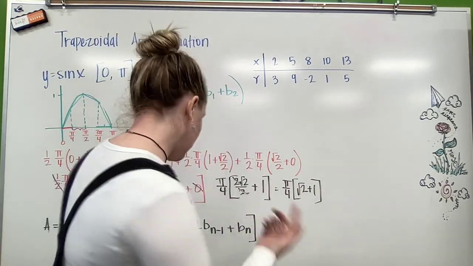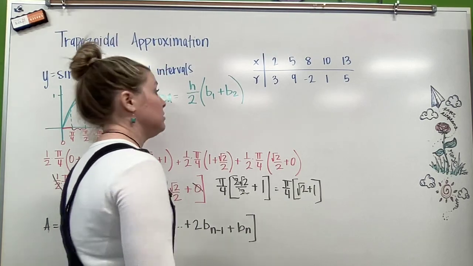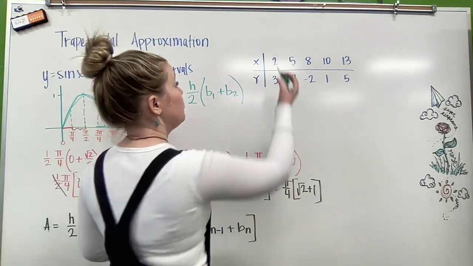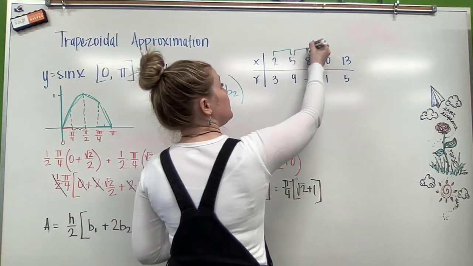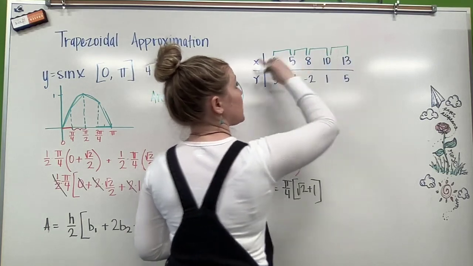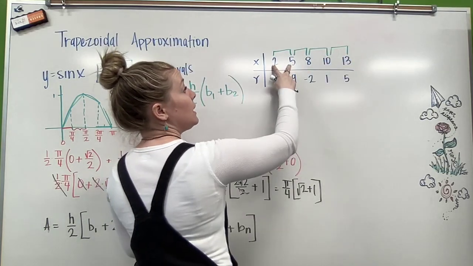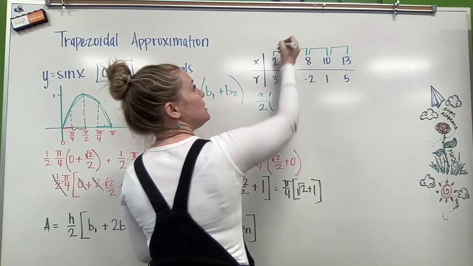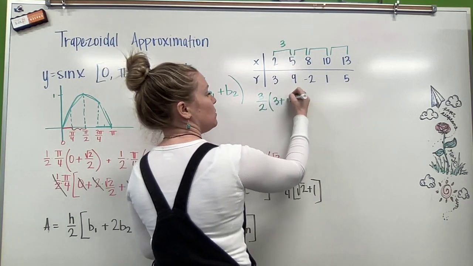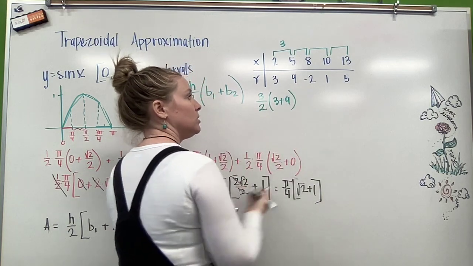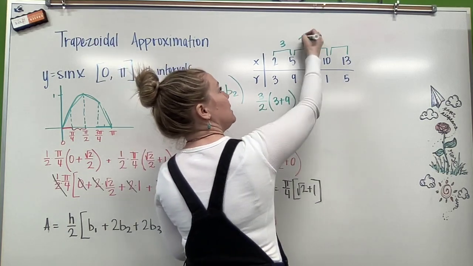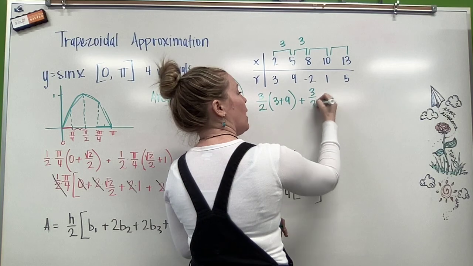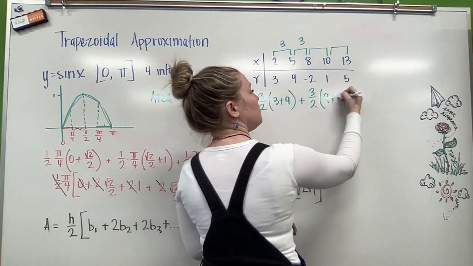But if we don't, we're just going to jump in and set this up. So if we split this like such, we're going to have 4 trapezoids. Here my height is 3, and then I have base 1 plus base 2. 5 to 8, again I have a height of 3, so height over 2, base 1 plus base 2.